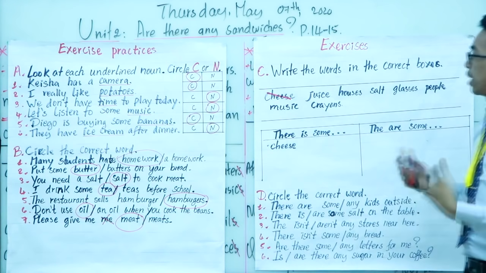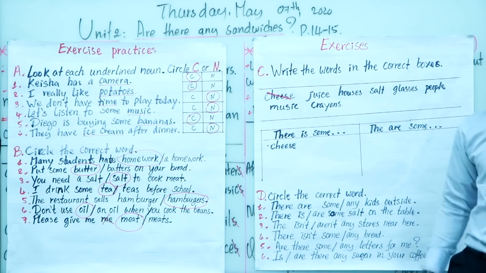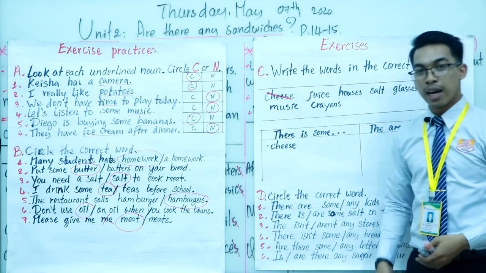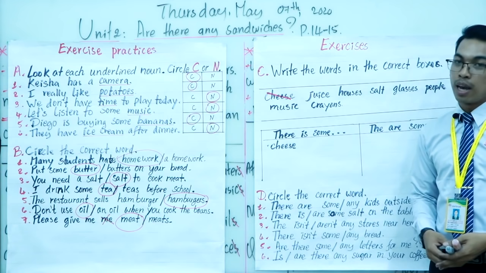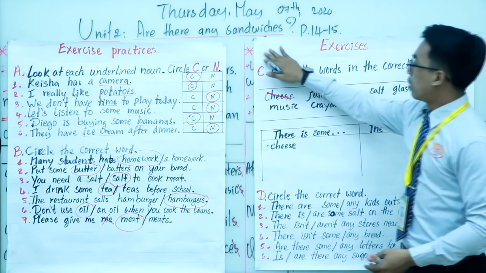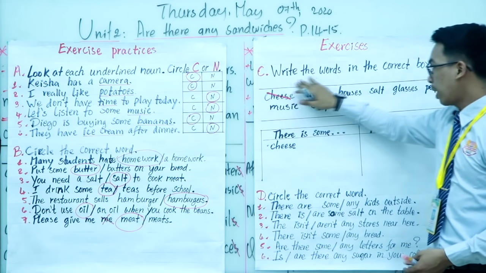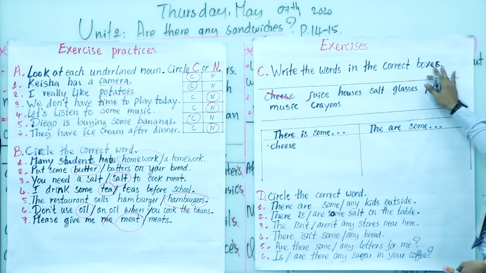Very good. So here is the exercise regarding the second objective, which is about there is, there are, and some or any. In section C, write the words in the correct boxes.